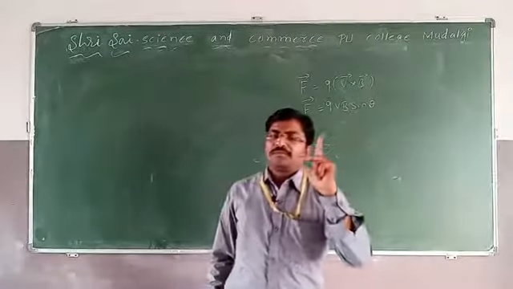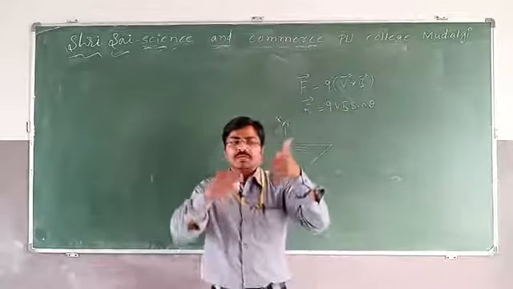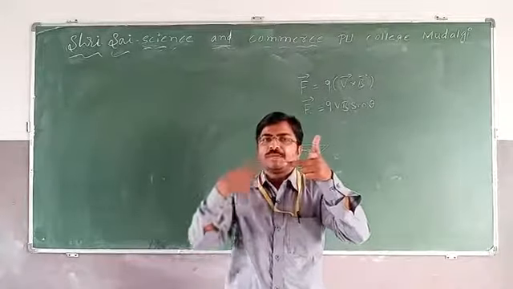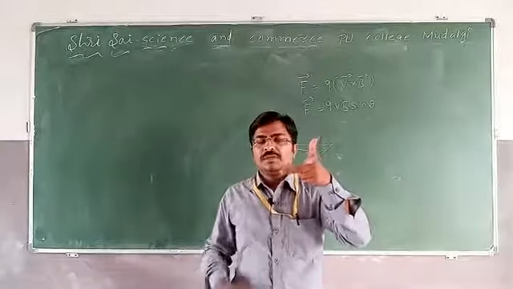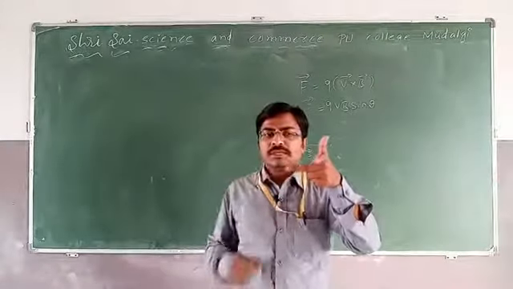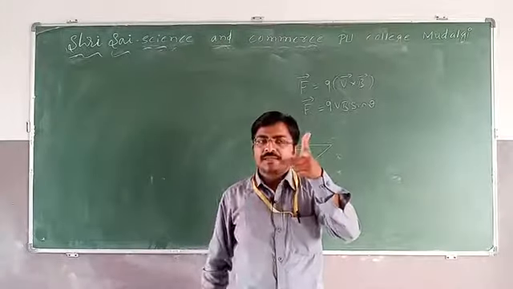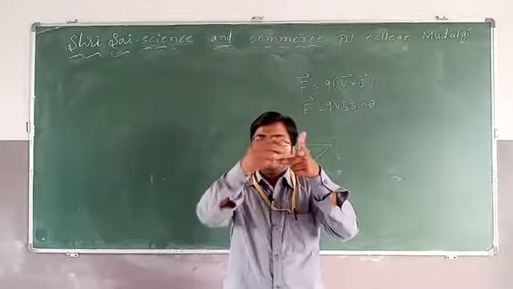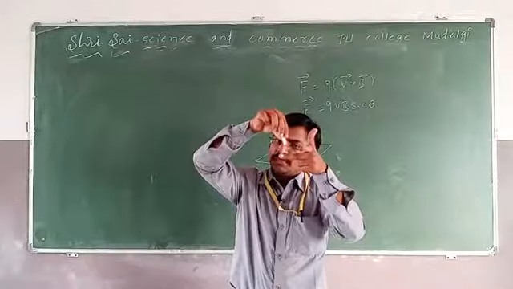You take your left hand and hold three fingers, the forefinger, middle finger and thumb, each perpendicular to each other. The forefinger indicates the magnetic field direction, and the middle finger indicates the velocity.